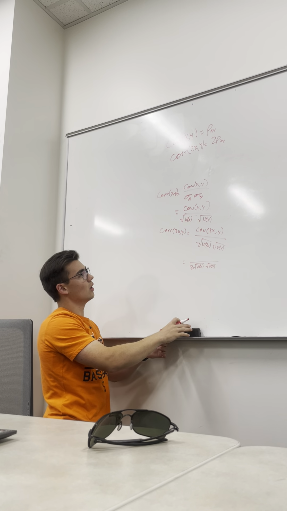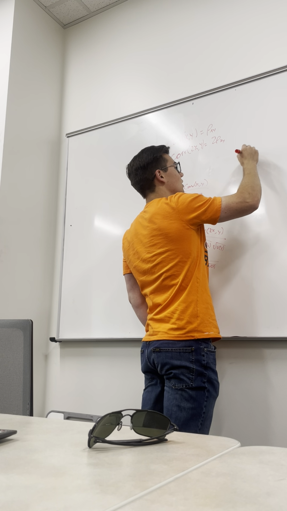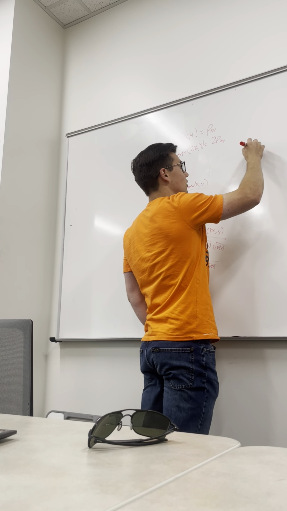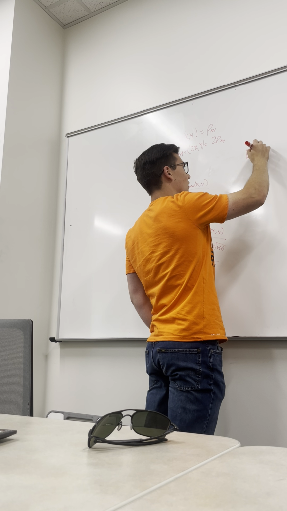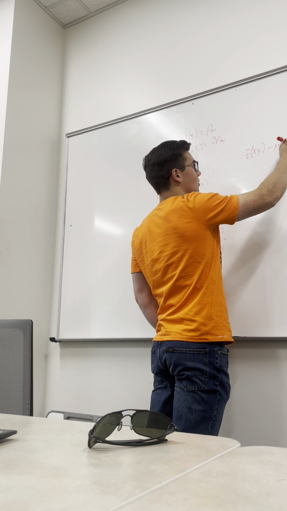So now, pulling out this covariance of x and y. Well, what's covariance? Covariance is the expected value of x and y minus mu x, mu y, right?